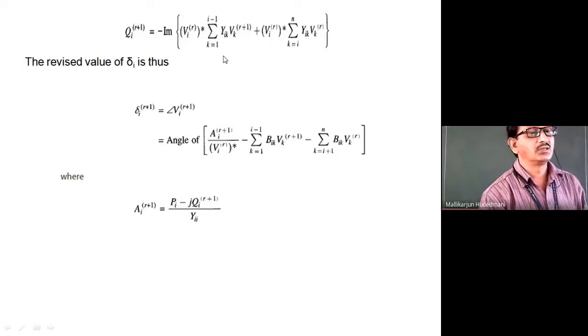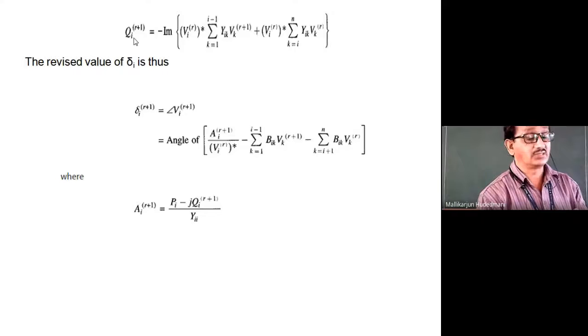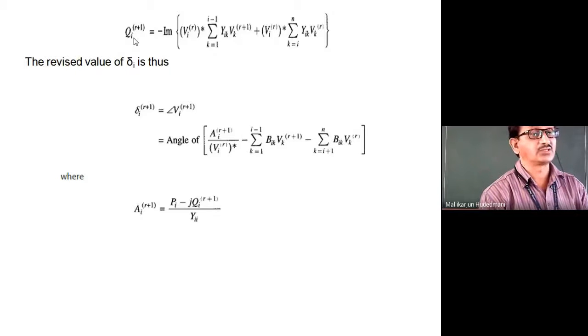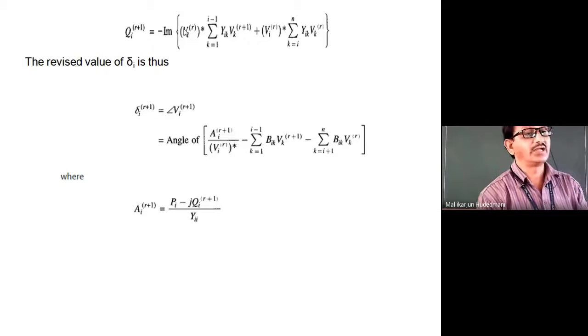The bus which I am handling is, say, i. I was giving the example in the morning: if the 10th bus is a generator bus, all 9 bus voltages I have already obtained. The 10th I am working on. It means 9 voltages are updated, which are the 9 voltages of the r plus 1 iteration.